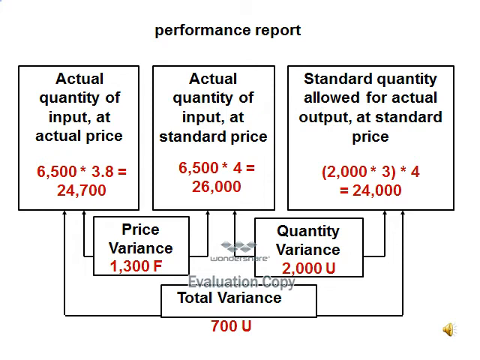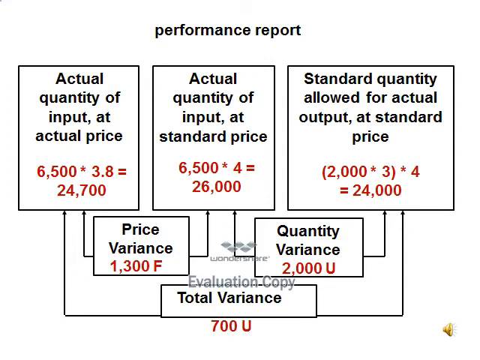To calculate quantity variance, it equals actual quantity of inputs at standard price 26,000 minus standard quantity allowed for actual output at standard price. Standard quantity allowed for actual output equals 2,000 times 3, equals 6,000, times standard price 4, the result is 24,000. So the quantity variance equals 2,000 unfavorable.